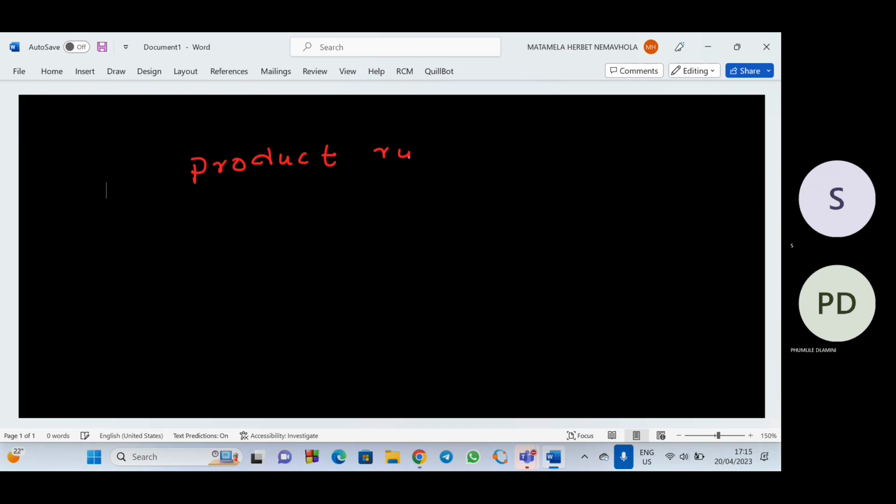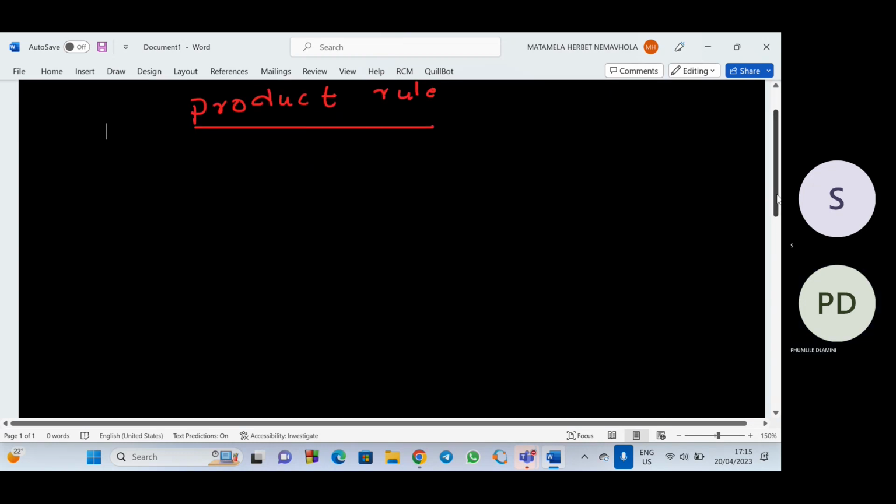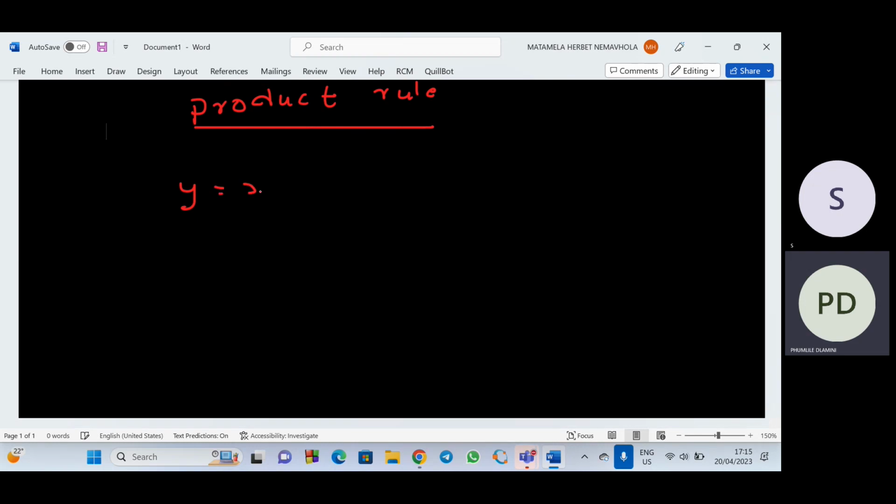The product rule states that if you have a function, let's say y equals x squared times sine x, in order to differentiate this function, I'm going to also write it as y equals h of x times g of x. This is the formula you follow.